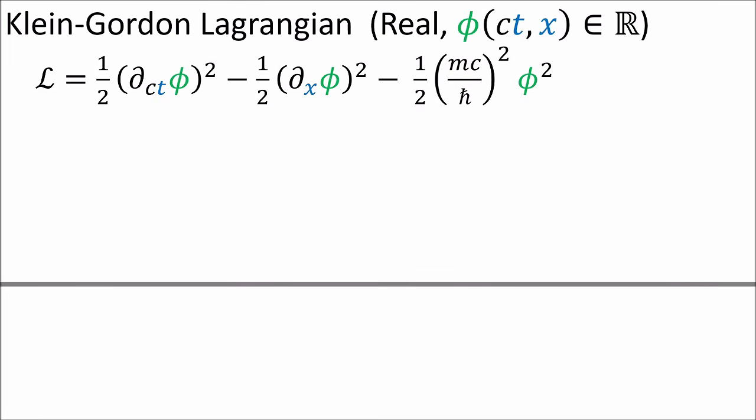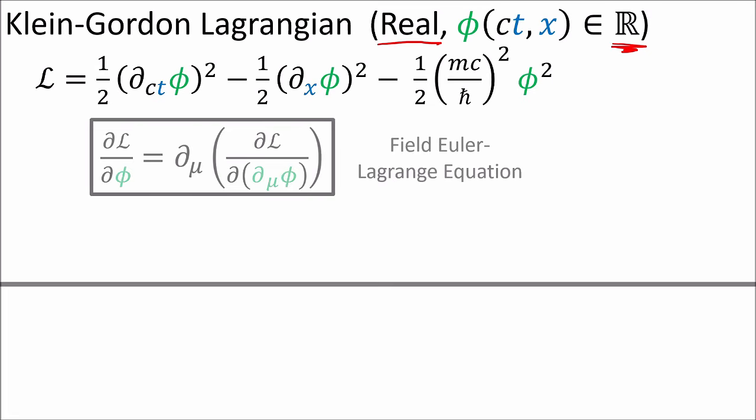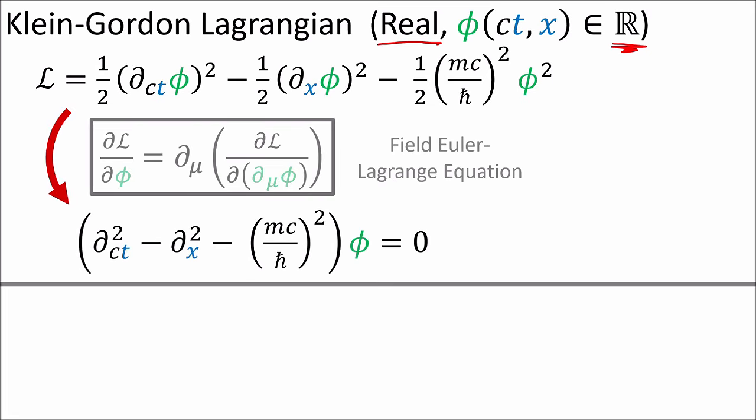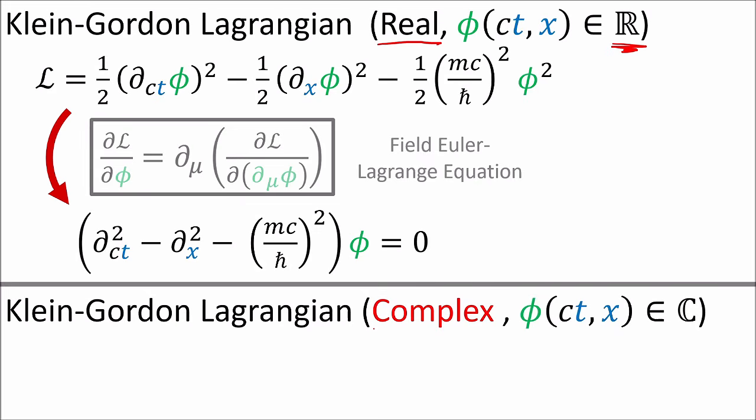Now, there's one last thing I want to talk about, which is the complex version of the Klein-Gordon field, and how it relates to antimatter. So we've already seen the real version of the Klein-Gordon Lagrangian, where the function phi outputs a real number. And when we put this through the Euler-Lagrange equation, we get the Klein-Gordon equation. But now let's consider the complex Klein-Gordon Lagrangian, where phi outputs a complex number.